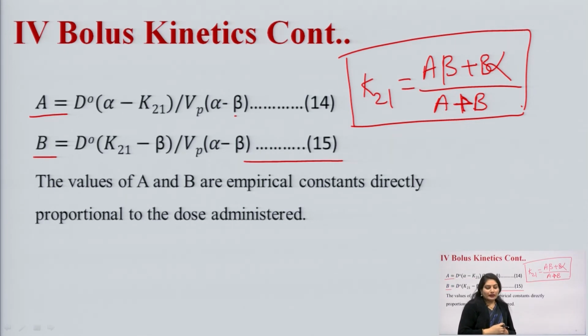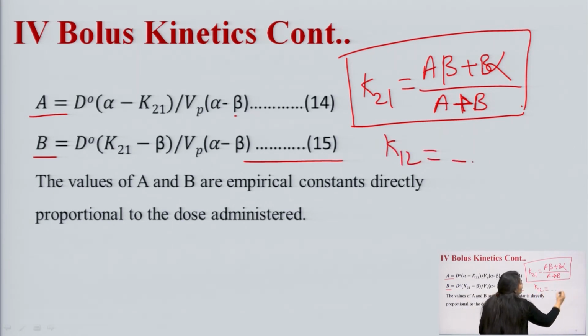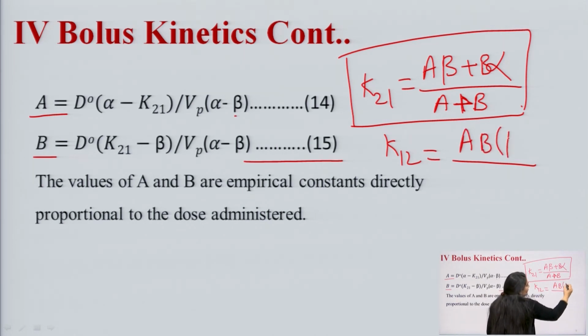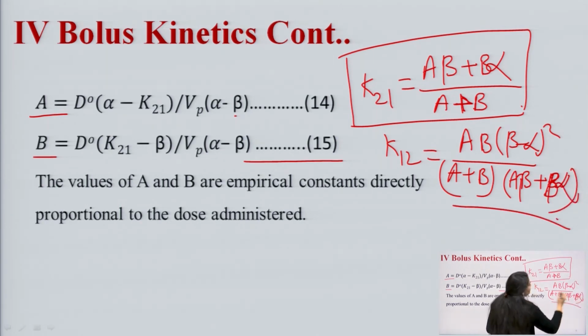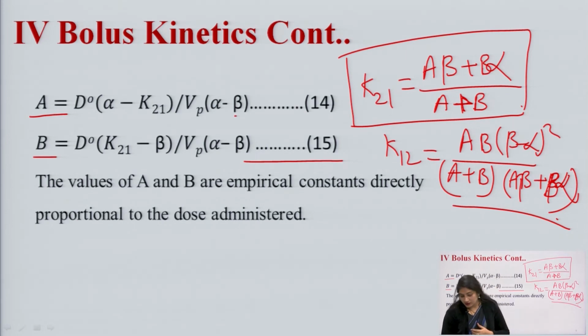Now, if we want to calculate the value of K12, then the formula is AB into (beta minus alpha) squared upon (A plus B) into (A beta plus B alpha). So, this is the equation for the calculation of rate constant K12.